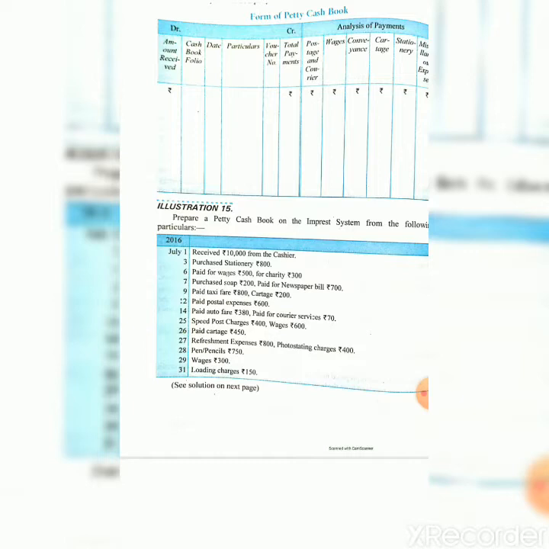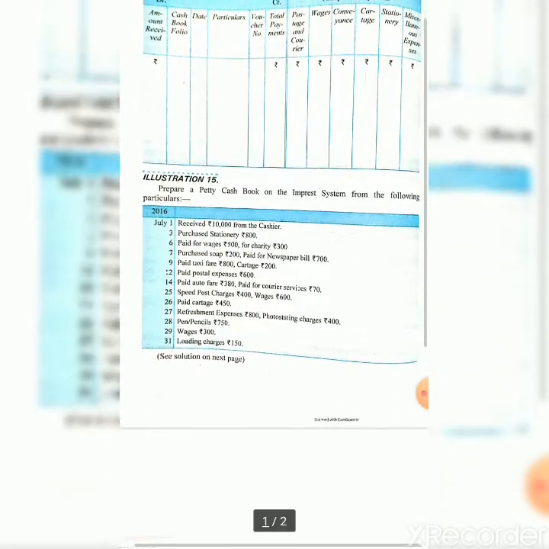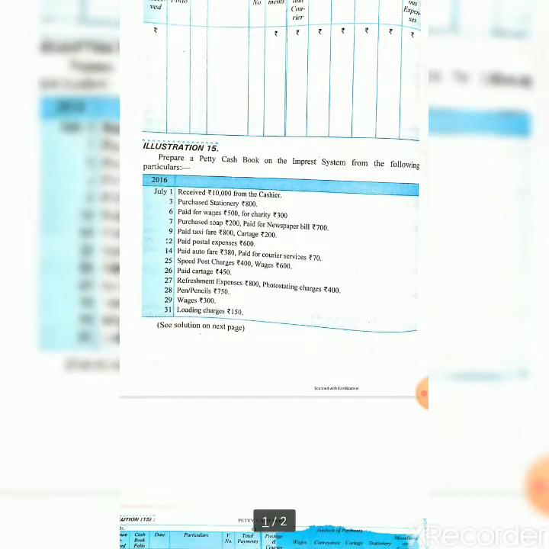So in a big concern, if such 5 or 10 rupees will be recorded in the cash book, then the cash book will become too heavy, and its purpose will be diluted, whereas we have to see the cash transactions which are somehow important in nature and which have some effect on the financial condition of the business. So here small cash expenses are maintained under the petty cash book. So let's see an illustration, then it will be more clear.